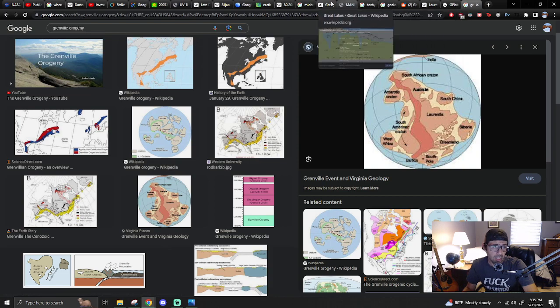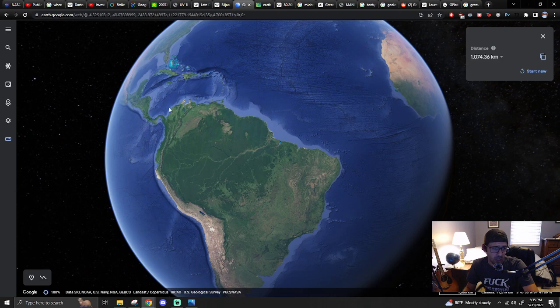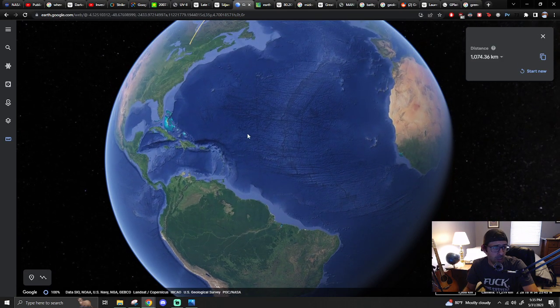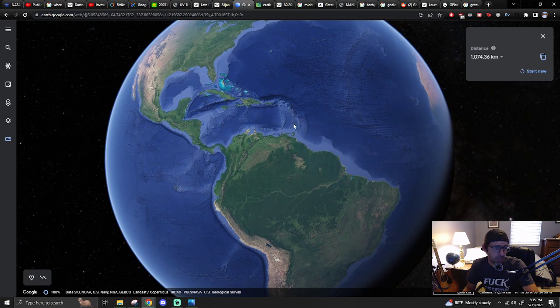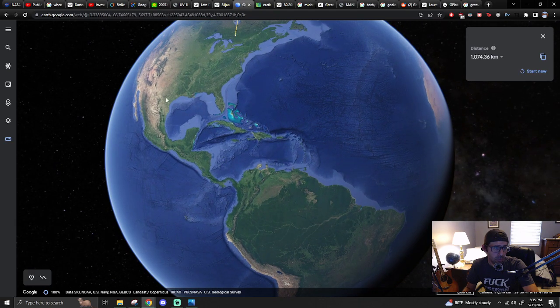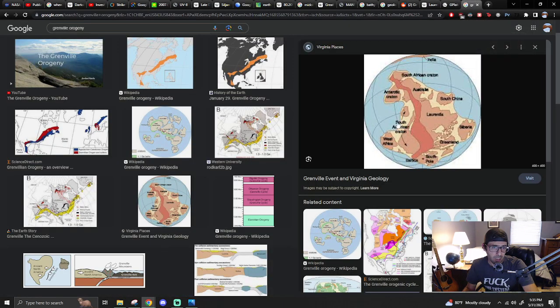According to this, I believe, if I'm interpreting it right, this chunk here was up there at some point, relatively, and was part of there, adjacent to when the Grenville orogeny was happening. Way back. Way back, dudes.